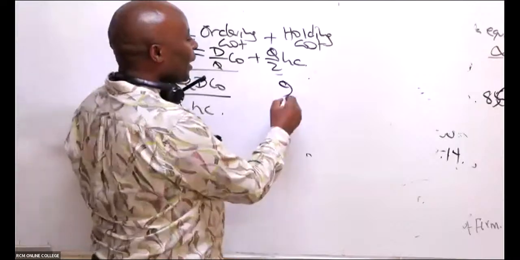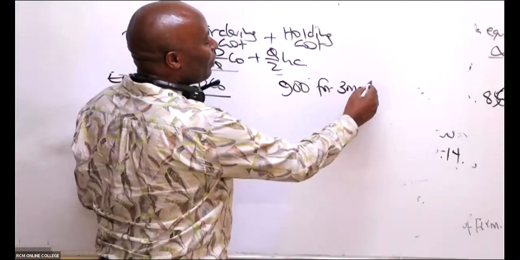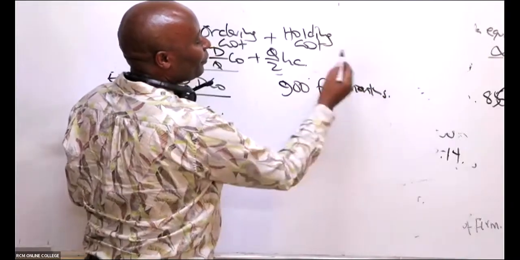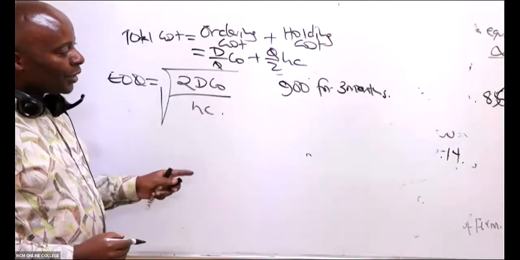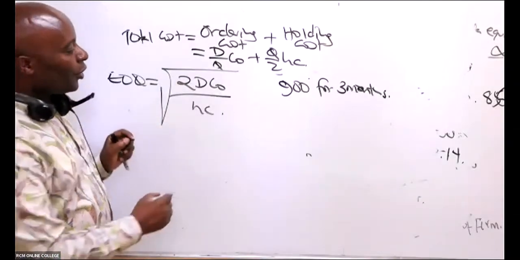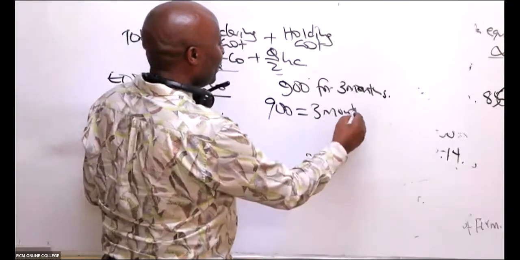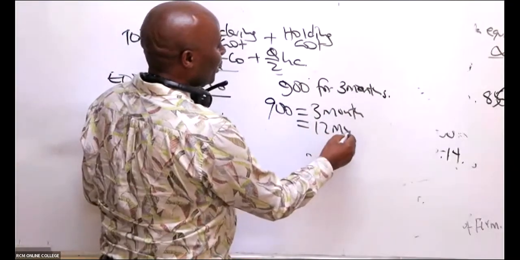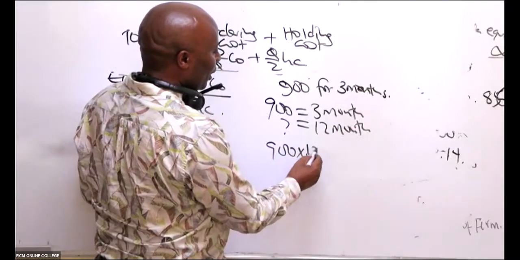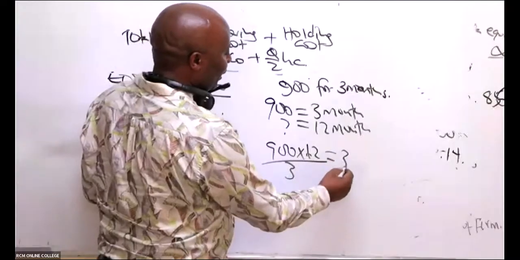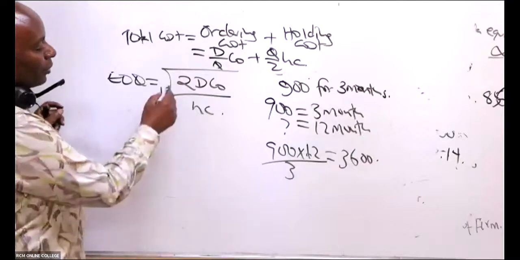They told us that currently they are acquiring 900 units, which serve them for 3 months. So 900 equals 3 months. Then how about 12 months? It will be 900 times 12 divided by 3. That's how we got 3,600. So then you come and substitute here.